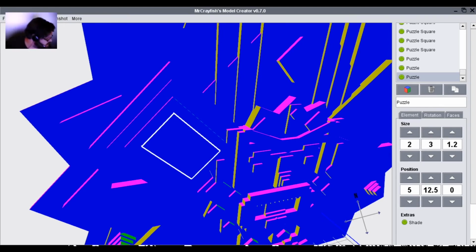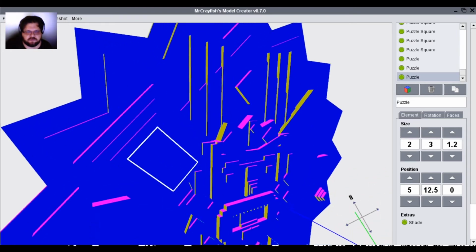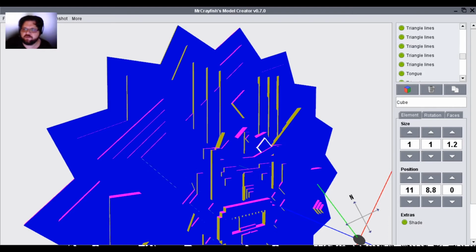That's sort of similar to what this design is. Maybe if I pop out that diamond there, it'll look more correct. I believe I called it triangle diamond.